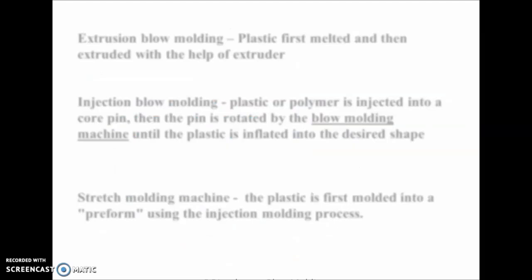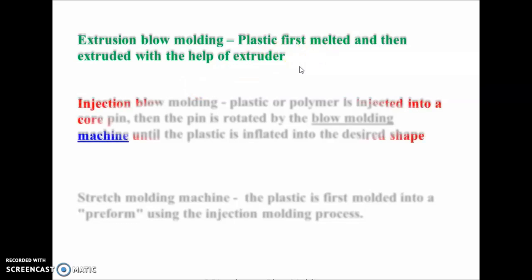Again, now we are going to discuss the major difference between the three types of blow molding process. First, in extrusion blow molding, plastic is first melted and then extruded with the help of an extruder, and then it attains the final shape.